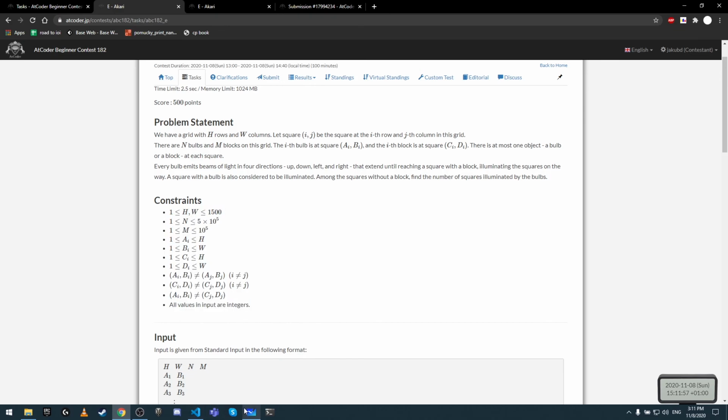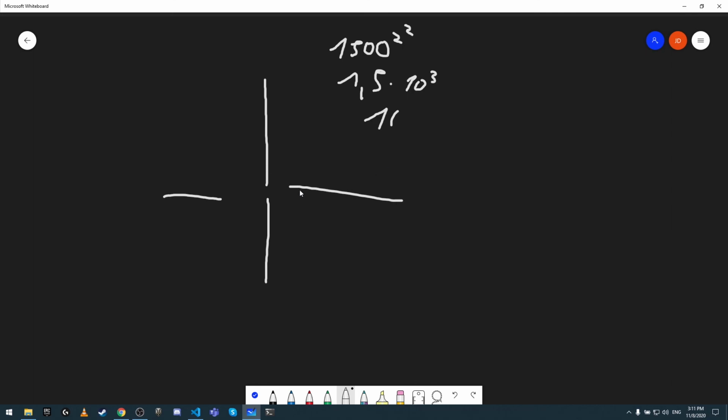From the submissions of other guys. So basically, what you do, you have this, and now how do you check? You go in this direction, and if you encounter a bulb, then it's lit up, and you can break and continue. If you go in this direction and encounter a block earlier, then it's not lit up, and you need to do this other check and check the other sides.